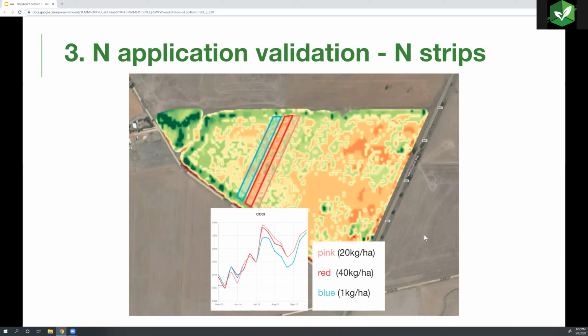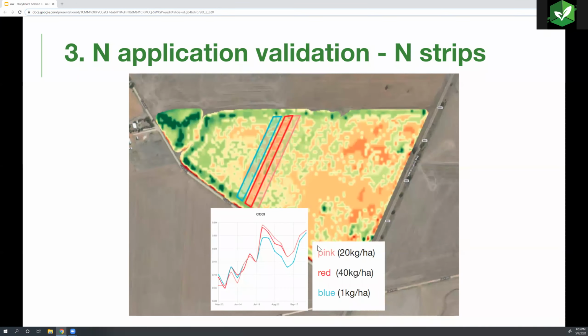So looking at the CCI index over the year, the nitrogen response on these strips, what we saw was that the highest nitrogen application, the 40 scenario right here, had a chlorophyll content very similar to the pink line that only had 20 kilograms added.